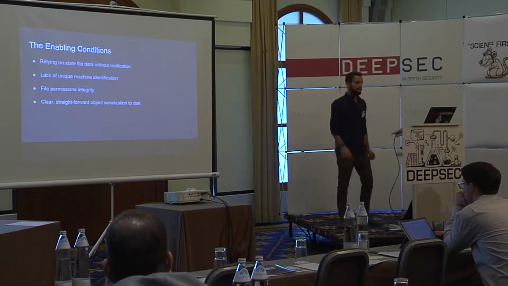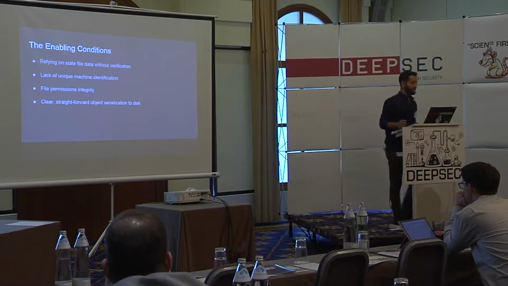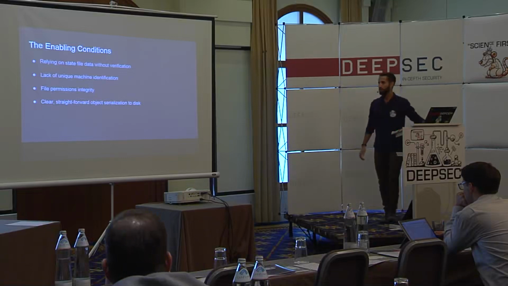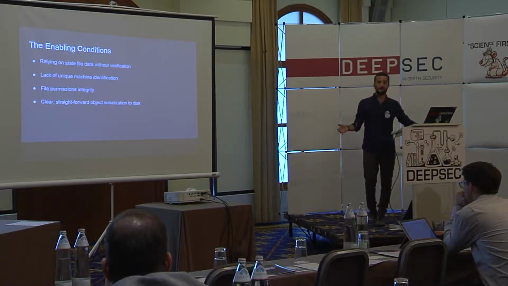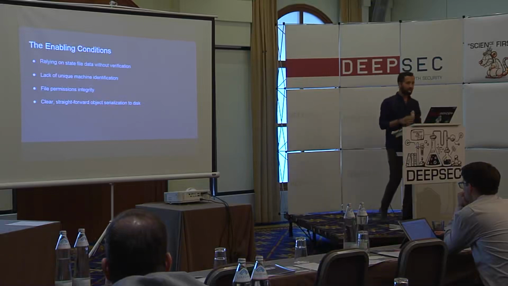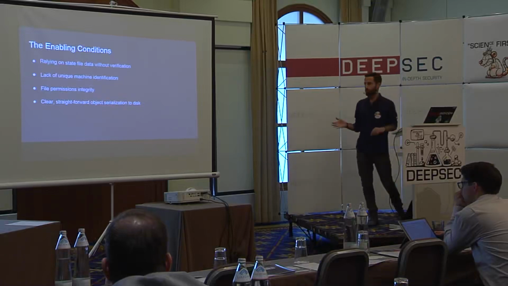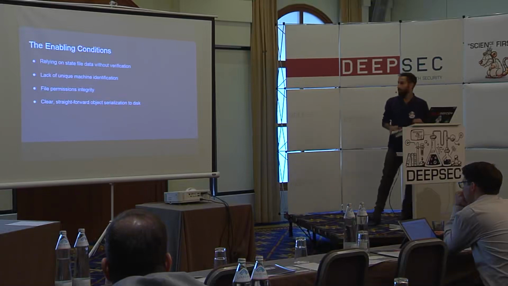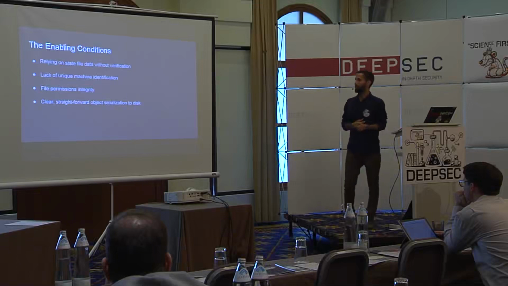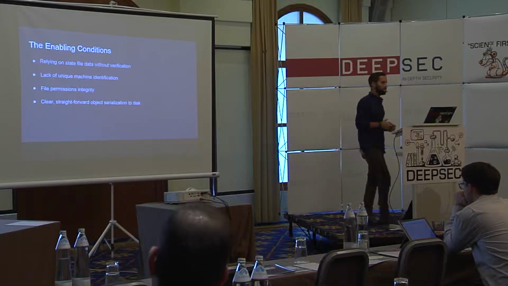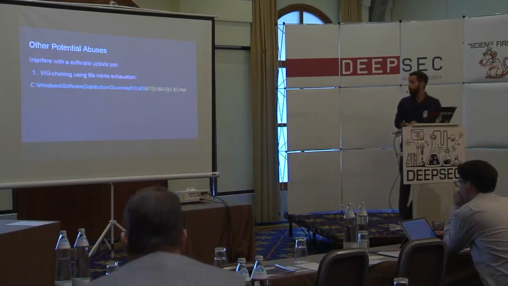The third thing is inconsistent or partially inconsistent file permissions that's given to the state file, because if you stop the service, you can modify the file and then start it again. And the file itself, the content, is a clear, straightforward serialization of the jobs.